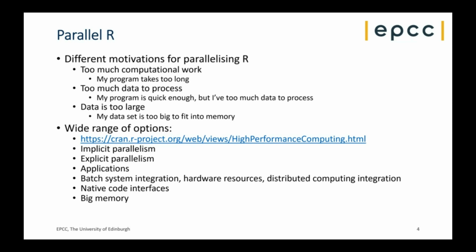Okay, so we can see those different things. Just like in Python, R has a large universe of libraries and functions that people provide, so there's actually quite a lot of choice for adding parallelism to R or exploiting parallelism through R. If you have a look at the CRAN R project website for high performance computing, which was updated very recently, you can see the different things that are available.